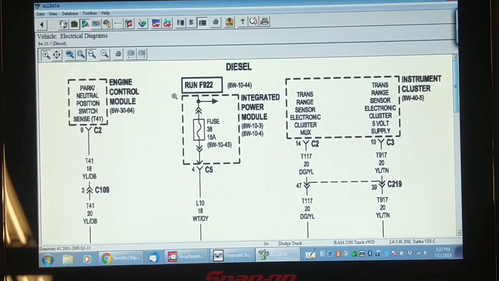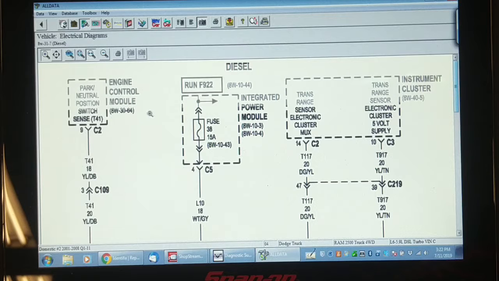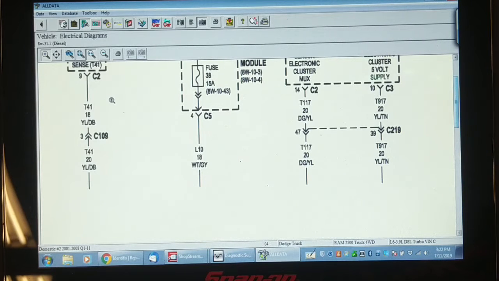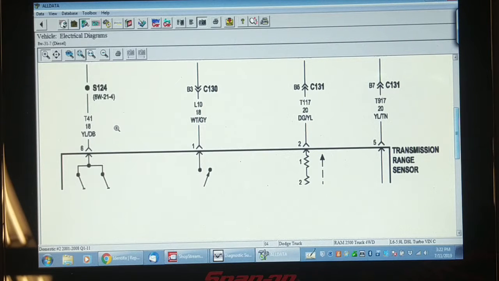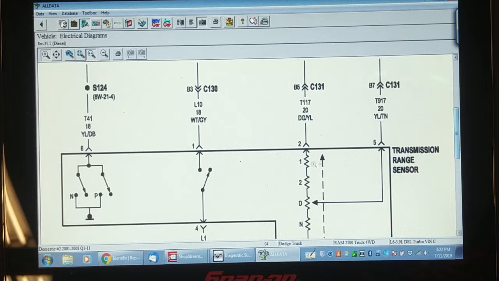So I'm looking at a wiring diagram for the park neutral sense circuit from the ECM to the transmission range switch, transmission range sensor. And basically, as the data indicated, it's either in park or neutral or some other forward or reverse gear.